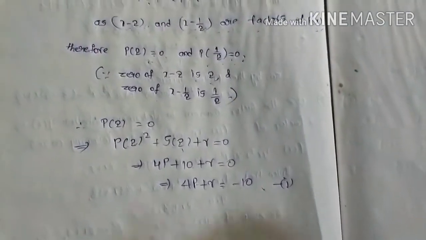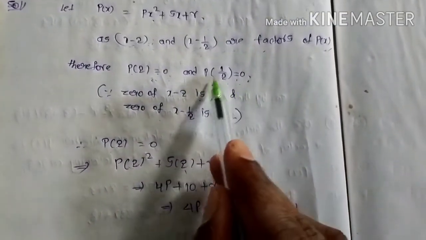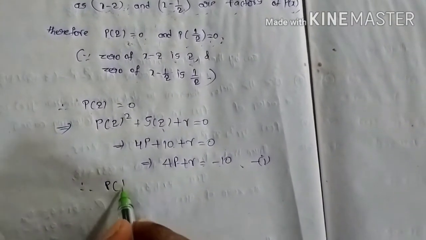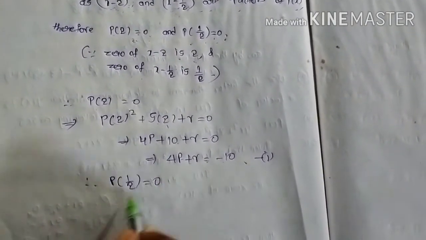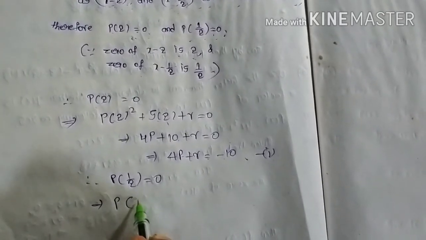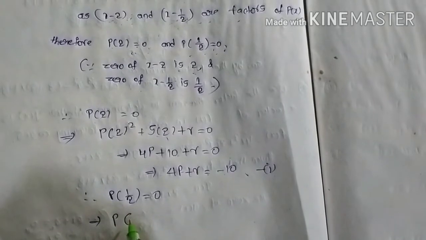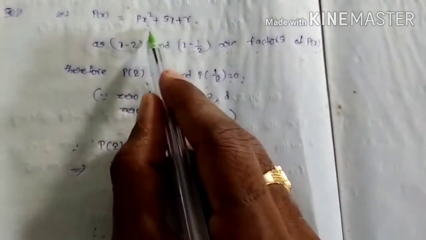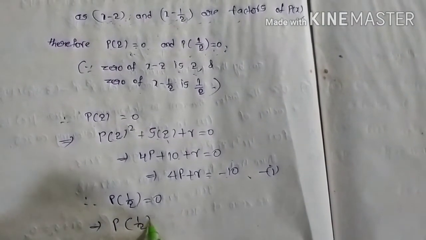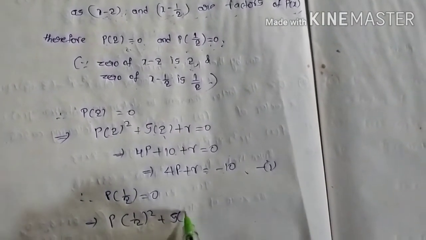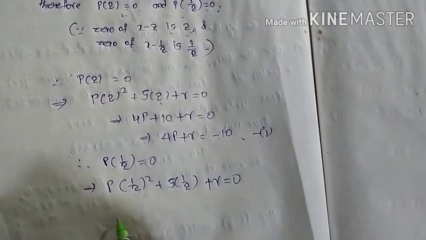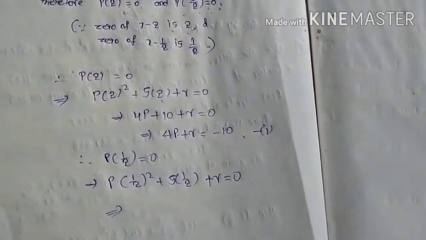Now you can take one more. What is the other remainder? p of 1 by 2 is equal to 0. Therefore p of 1 by 2 is equal to 0. That means p into x square, so I can write p into 1 by 2 whole square plus 5 into 1 by 2 plus r is equal to 0.